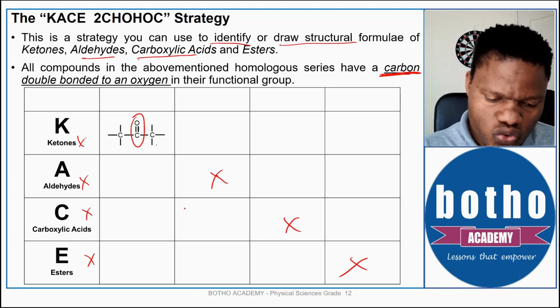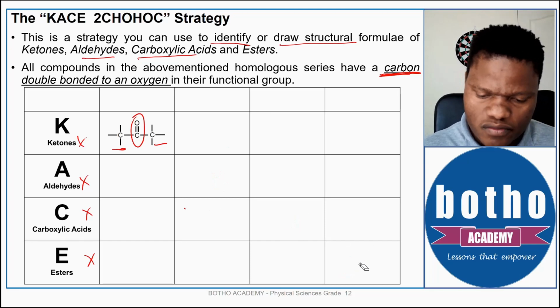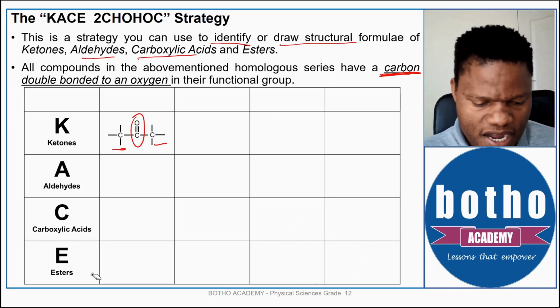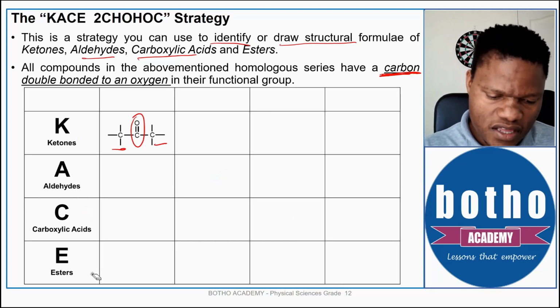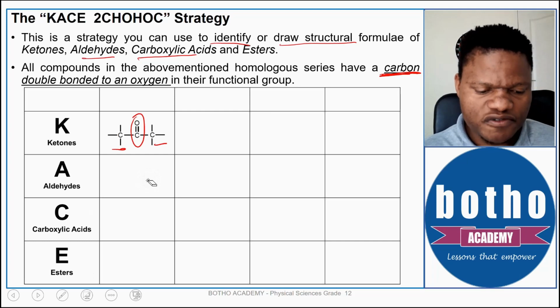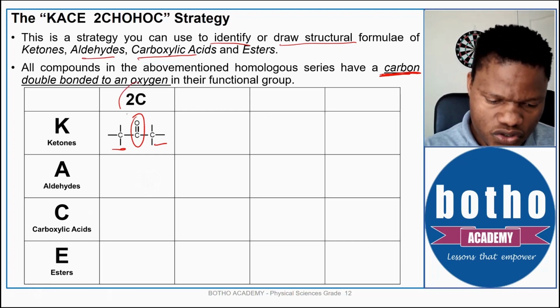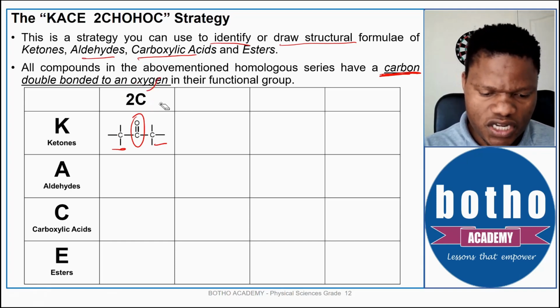So these are the 2 carbons that make the ketone stand out from esters and also from aldehydes and carboxylic acids. Hence we then say at the top there, I'm going to write that what differentiates ketones from the rest of them is the 2 carbons. Hence you see 2C there, which is part of the 2-Cho-Hock that I mentioned earlier on.